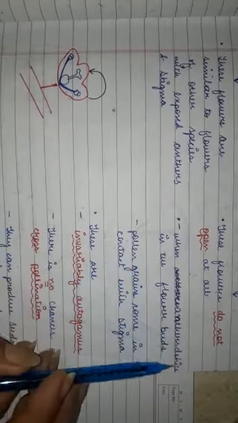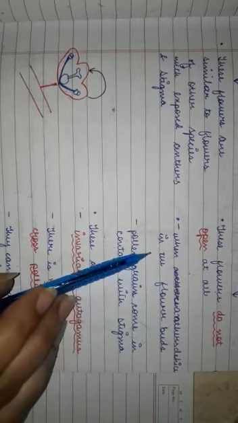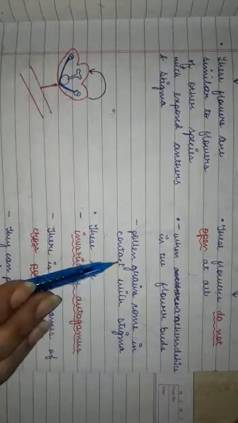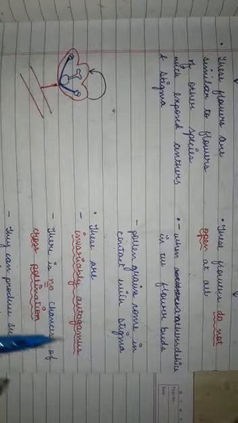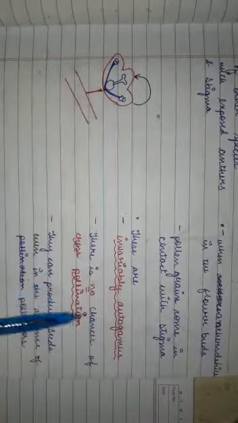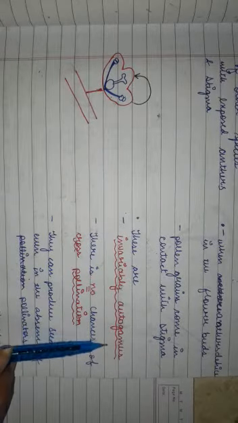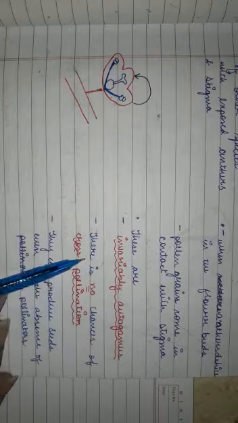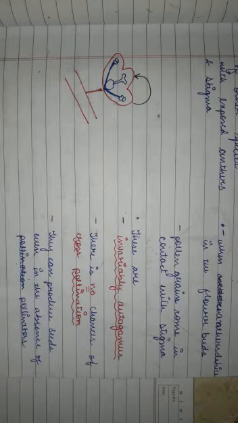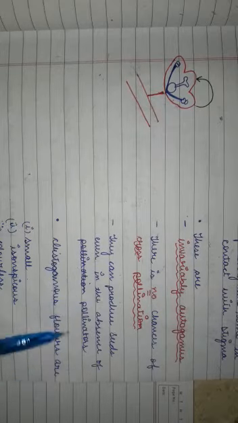When the anther dehisces in the flower buds, the pollen grains come in contact with the stigma. So these are invariably autogamous. So here there is no option other than self-pollination. There are no chances of cross-pollination and they can produce seeds even in the absence of pollinators.